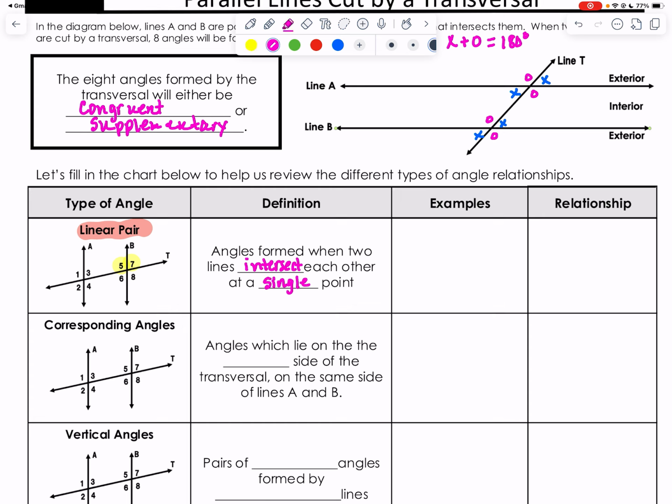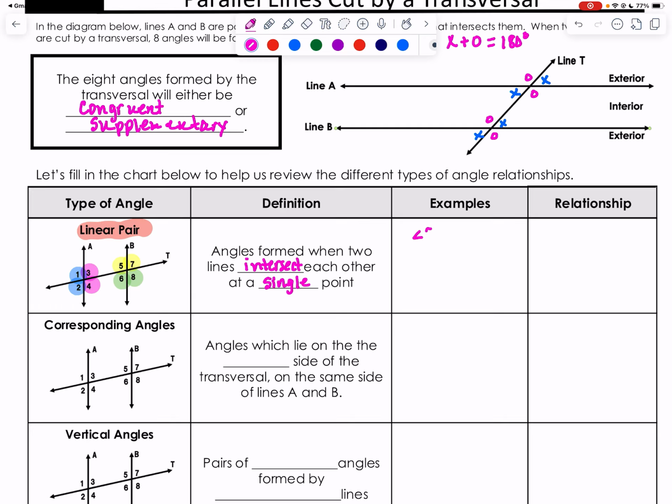Or you might have angle 3 and angle 4. Another example of a linear pair might be 6 and 8. Or you might have 1 and 2, all right? All of these angles are linear pairs. So let's write down some examples over here.